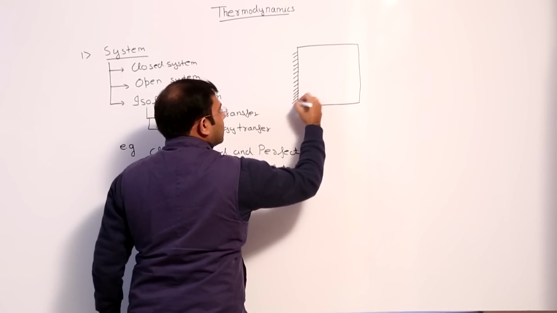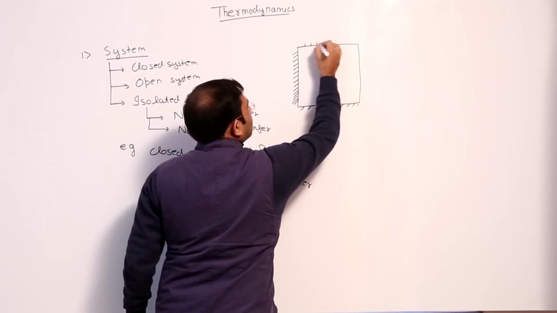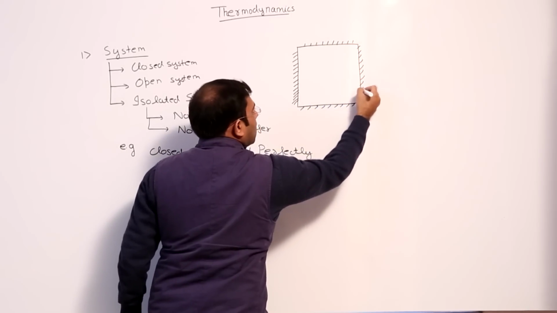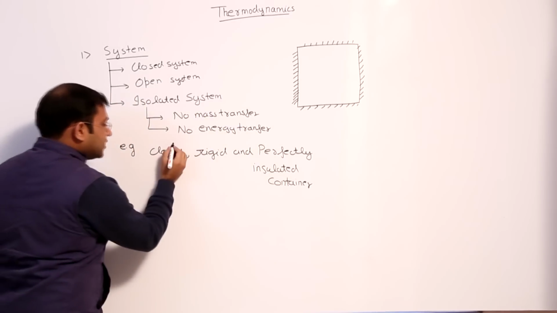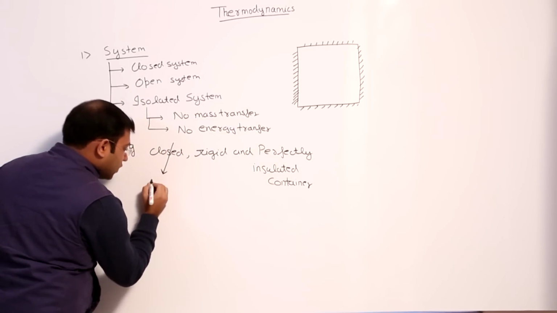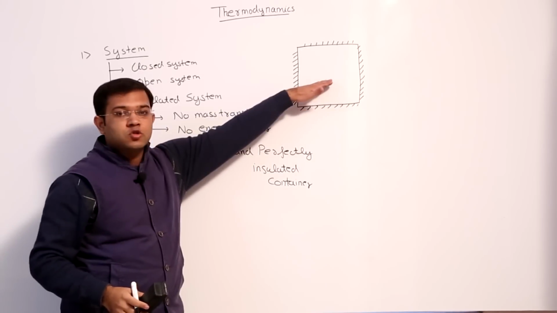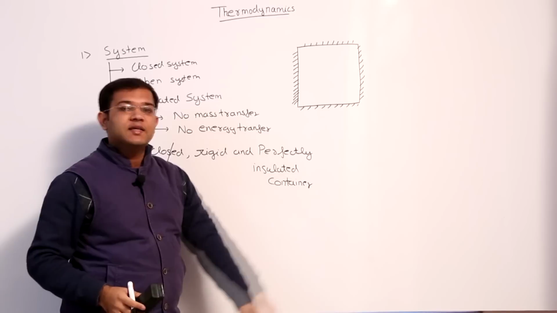That means its boundaries are fixed and we provide perfect insulation all across the boundary of the system. So by doing this, since the system is closed, mass transfer is equal to 0. The mass cannot leave the system or enter the system.